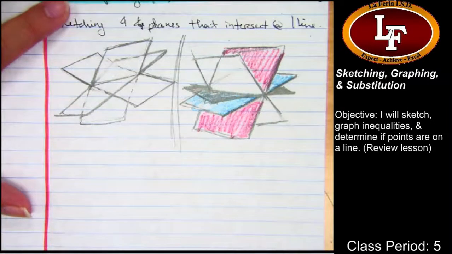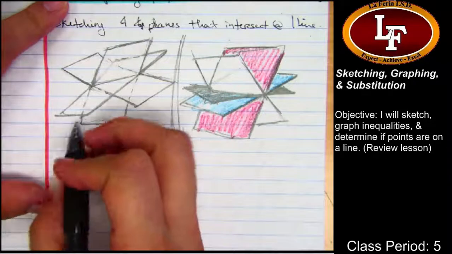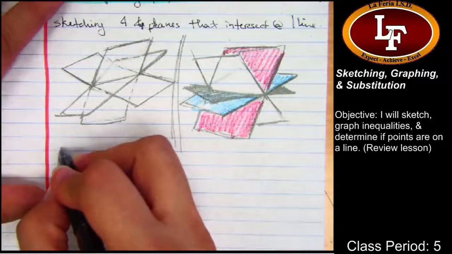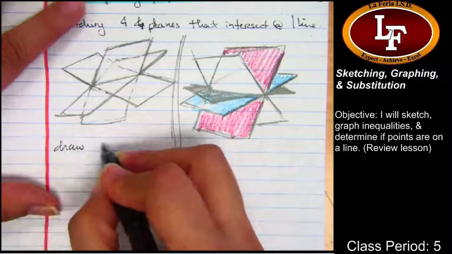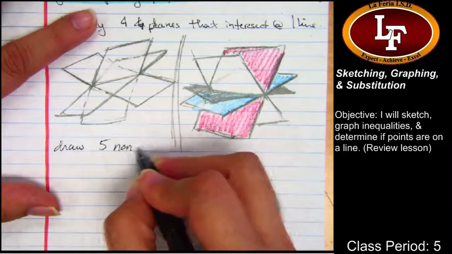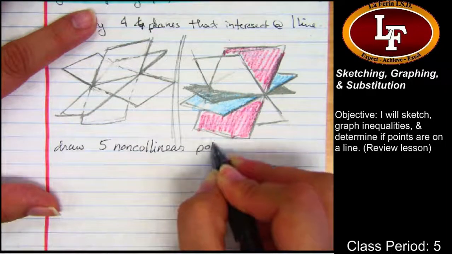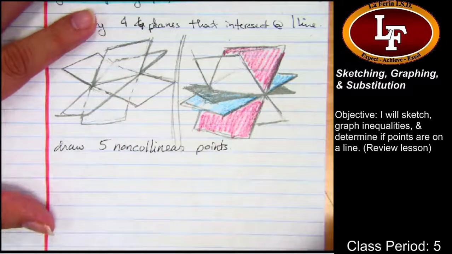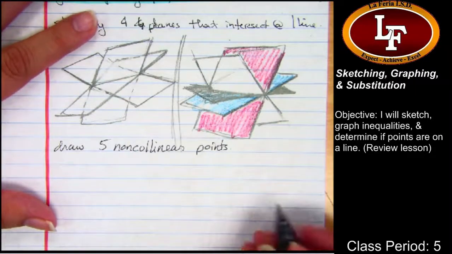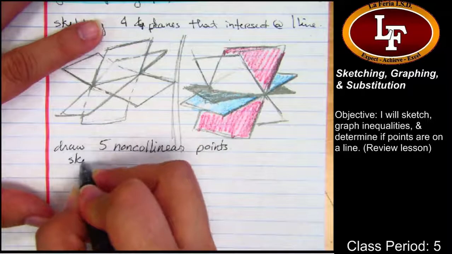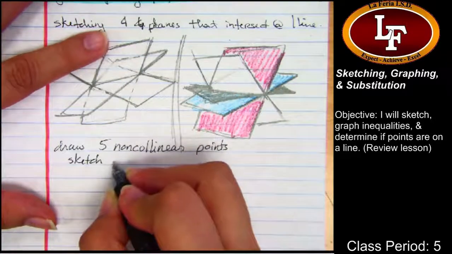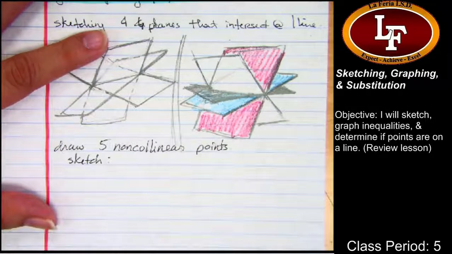All right. The next one that was concerning was something that said draw some non-collinear points. And then after you draw them, it asks you to sketch. Does mine look like a paddle? Kind of does.